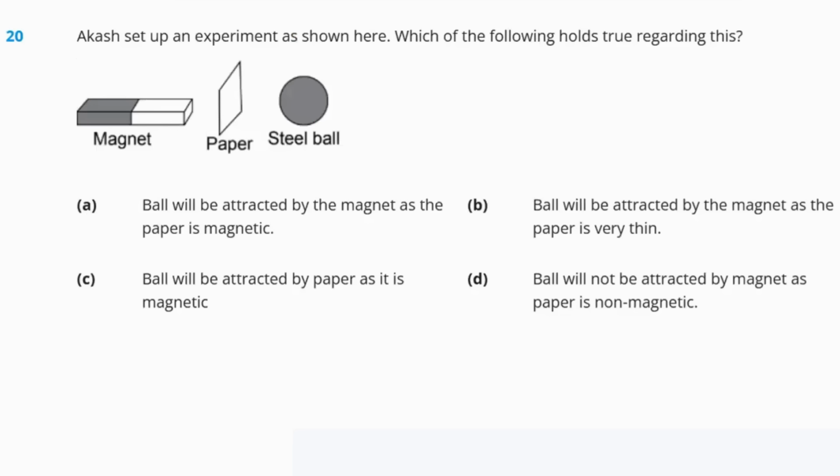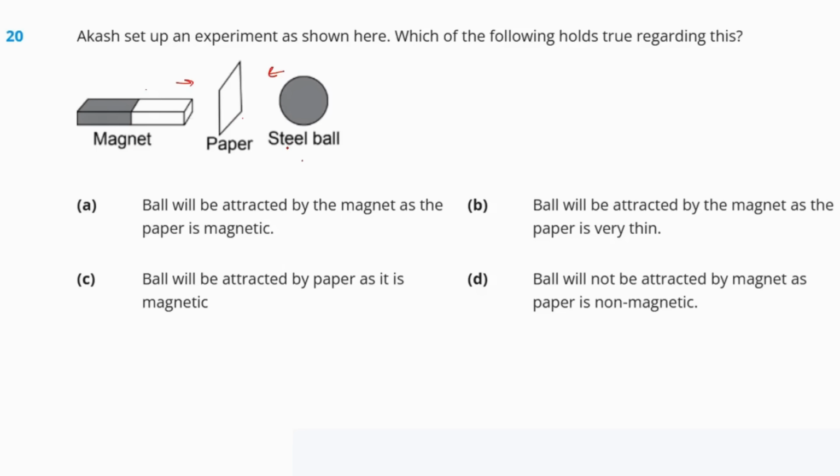Next question. Question number 20. Akash set up an experiment as shown here. Which of the following holds true regarding this? So here what is happening? We have a magnet, we have a steel ball and a paper. So magnet and steel ball, they would be attracting each other. In between, paper is there. We need to find out what would be true. Ball will be attracted by the magnet as the paper is magnetic.